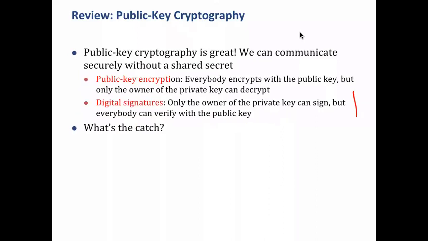Now we assume in both cases, when Alice is sending a message to Bob, Alice has a message M which she encrypts using Bob's public key.